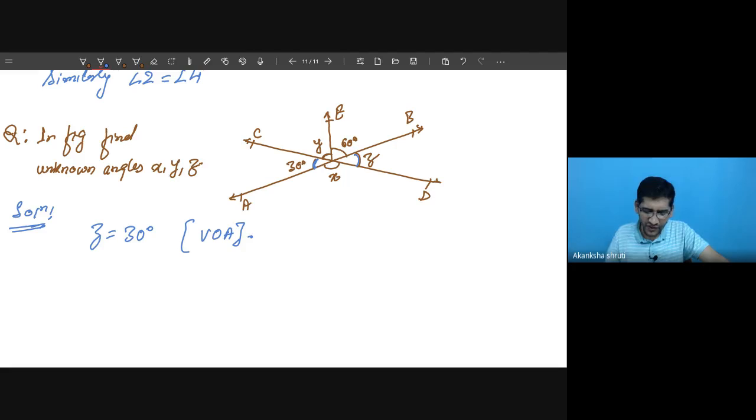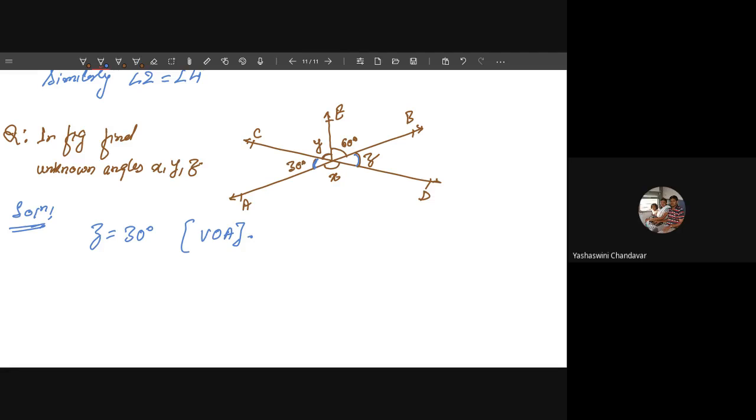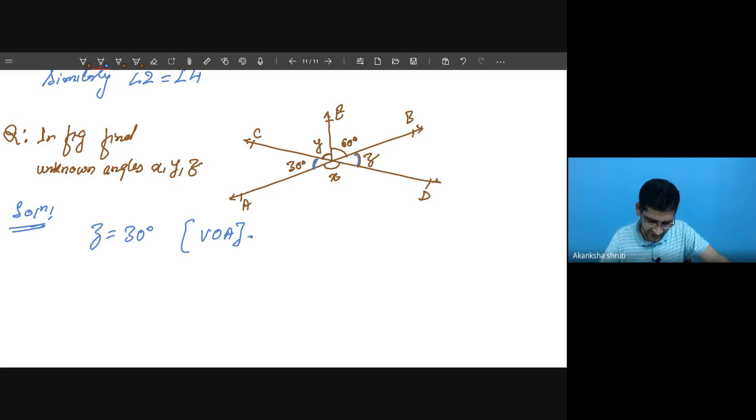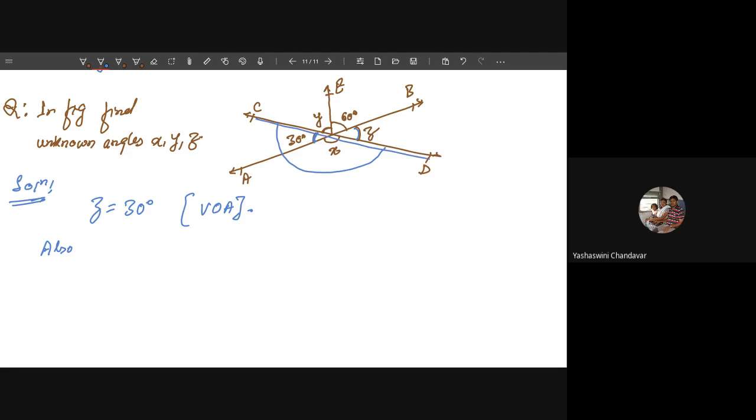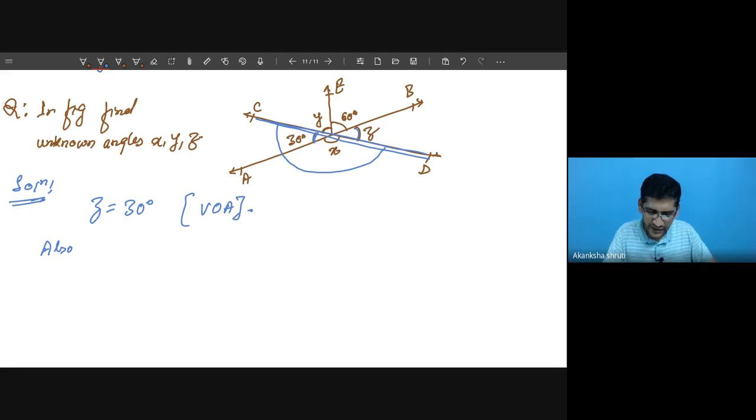It is one thing. Now, what about this X? How can we calculate this X? Linear pair. Very good. Also, which one is forming the linear pair? You have to observe this is the straight line. 30. So this 30 plus X will be 180 degree. So CD as a straight line.